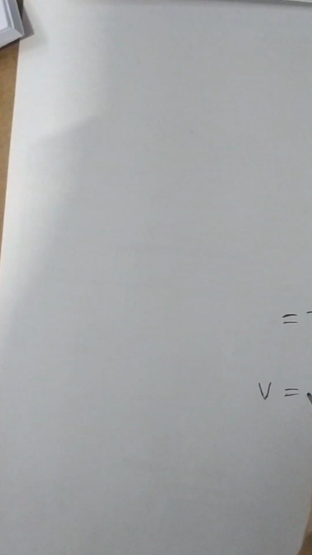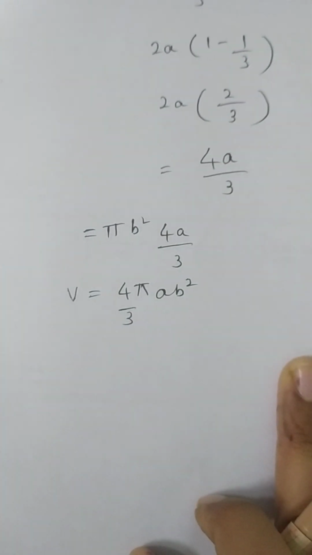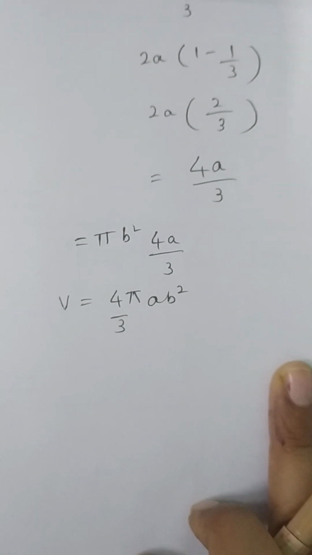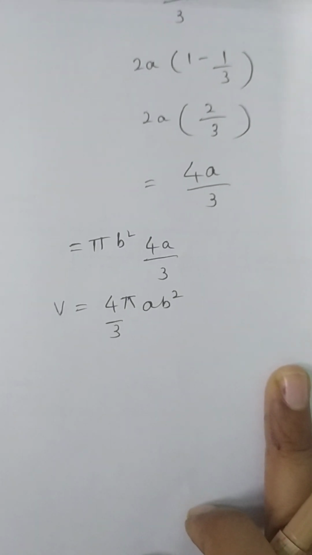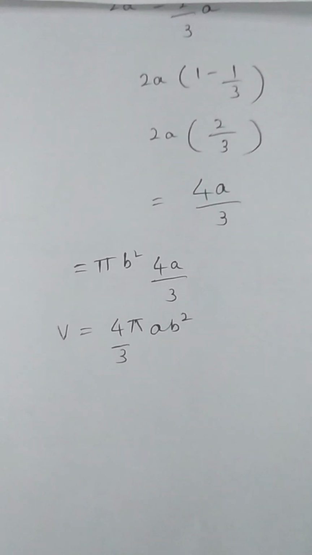This is V. V is equal to 4 by 3 pi ab square. So this is the volume of the solid.